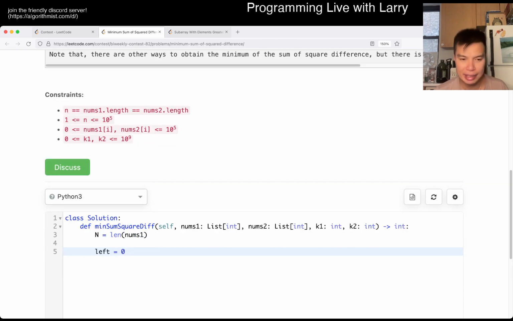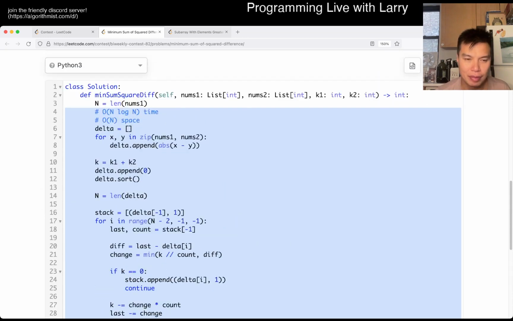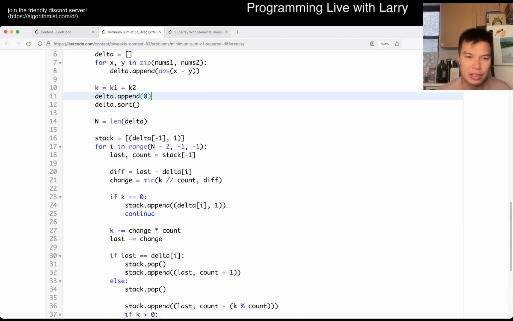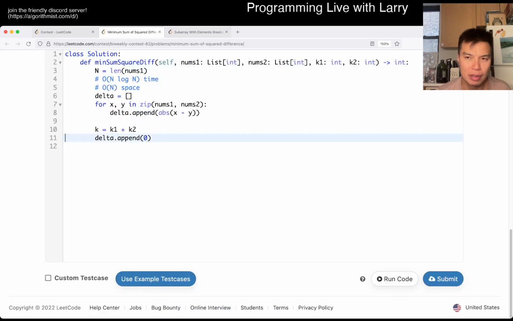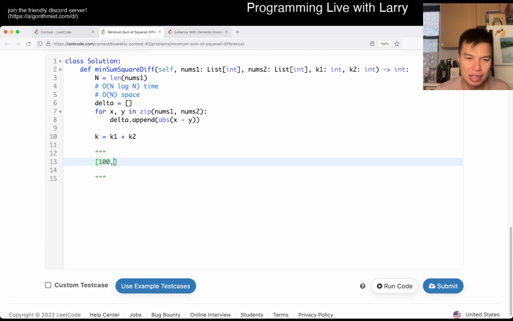Basically, my idea here now is that, oh, I should have kept the delta array. Whoops. We don't need the sorting anymore. I don't think we even need that. I could be wrong. Maybe we'll think about that later. But now, given this, the idea is that we have a delta array of, say, maybe I'll do the other example that I have, something like this, right? Then the idea is, okay, and some k.